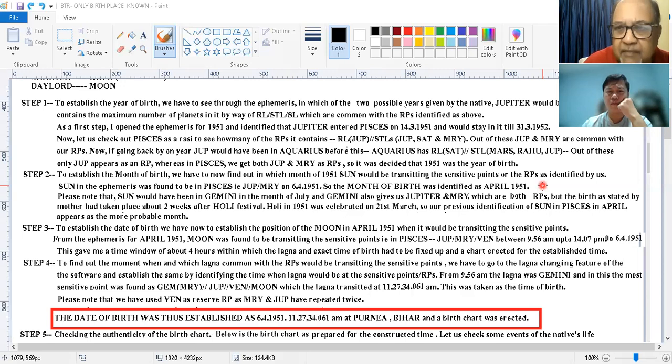But then Jupiter and Mercury as star lords would be appearing in other zodiac signs as well, Gemini, Cancer, and then Scorpio also. And Sun would be crossing all these signs in 1951.